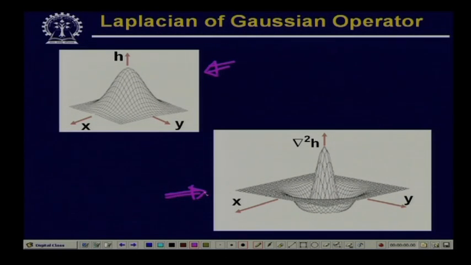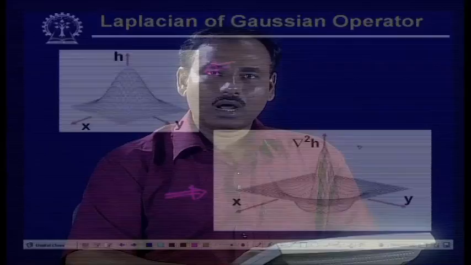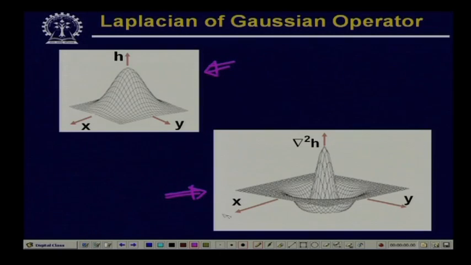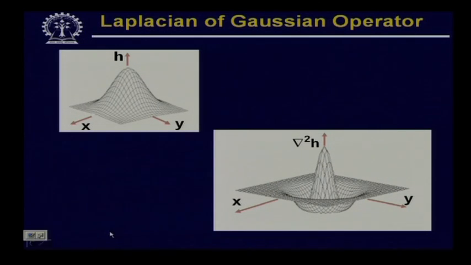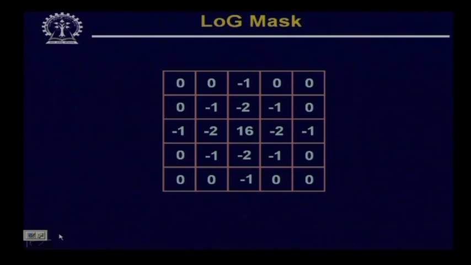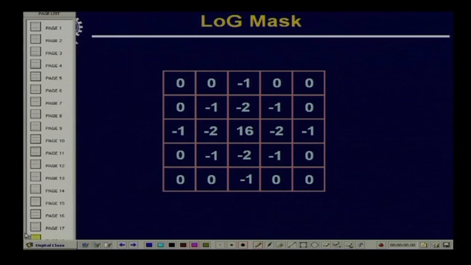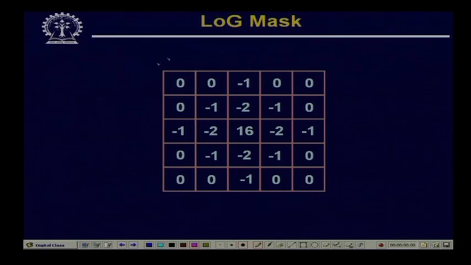Now, this Laplacian of Gaussian can again be represented in the form of a mask which is called a Laplacian of Gaussian mask. So, if I represent this Laplacian of Gaussian in the form of a 2-dimensional mask, the Laplacian of Gaussian mask appears like this. So, here you find that our Laplacian of Gaussian mask or LOG mask that we have shown is a 5 by 5 mask.